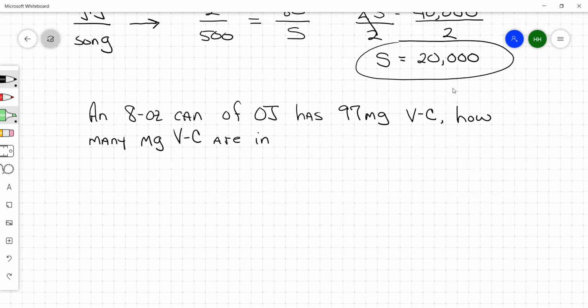are in a 12-ounce can. I'm gonna erase can because that doesn't even sound good. I can't look at that. We're gonna say bottle. 12-ounce bottle.